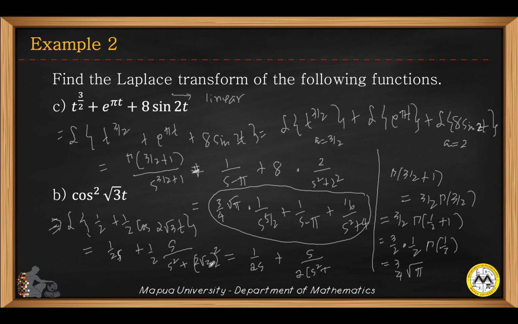Square root of 3 squared is 3, times 2 squared, 4, you get 12. So this is your final answer.